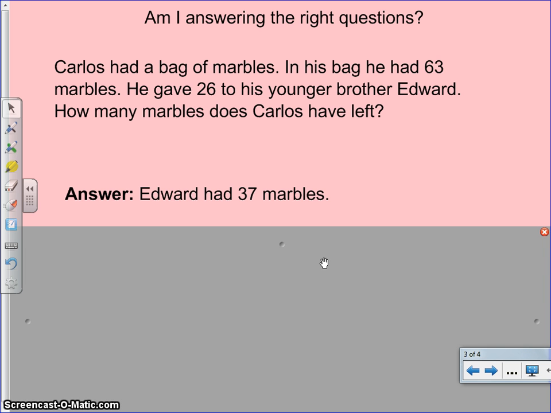Remember, Carlos is the one who started off with the big bag of marbles, and he gave some to Edward, who is his brother. My question is asking how many marbles does Carlos have left. I answered and said that it was Edward who had 37 marbles. So I'm actually answering the wrong question, and I need to correct that. The correct answer should be that Carlos has 37 marbles left, not Edward.